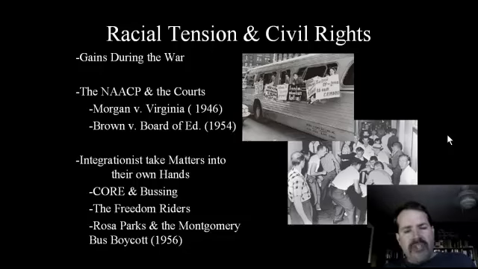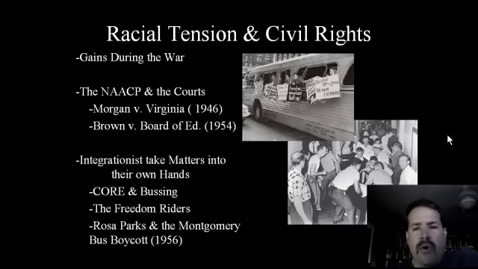Blacks originally served in segregated units, but as the war progressed, many blacks would see combat. First in segregated units like the Tuskegee Airmen, who flew fighters, and also independent combat engineering battalions, and even a tank unit.